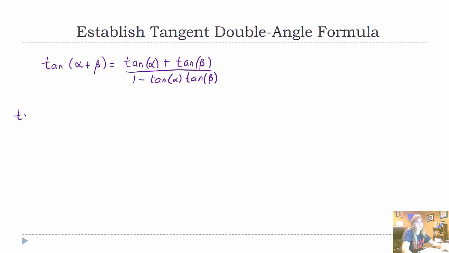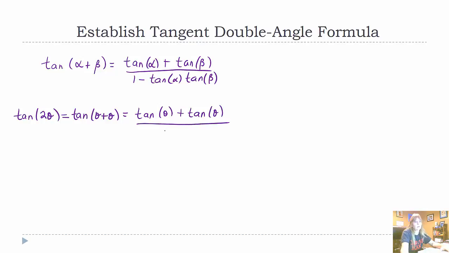Well, we're going to do the same thing with the double angle. That's a double angle, so we'll separate it as theta plus theta. And now just looking up above, I'm just going to replace everything with thetas in my formula: tangent theta plus tangent theta all over 1 minus tangent theta, tangent theta.